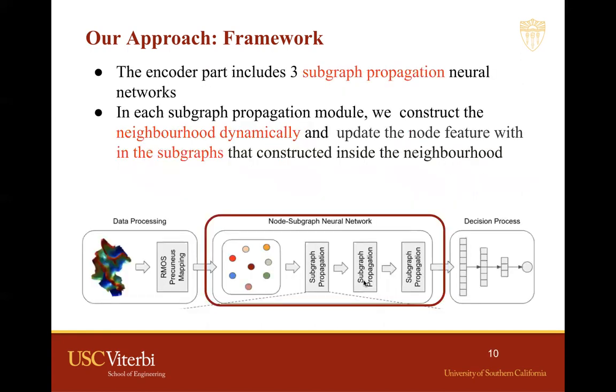Now we introduce the subgraph-based encoder. The encoder part includes 3 subgraph propagation neural networks, and their structures are identical. Each of them includes subgraph construction and feature propagation modules. Unlike naive GCN, in each subgraph propagation module, we construct the neighborhood dynamically and update the node features within the subgraphs that were constructed inside the neighborhood.